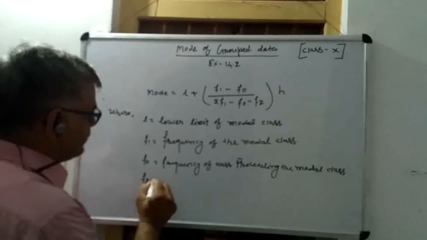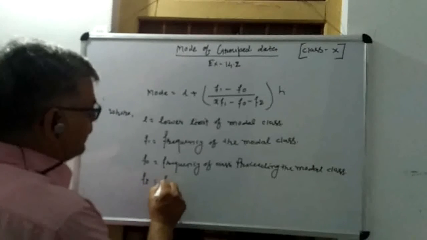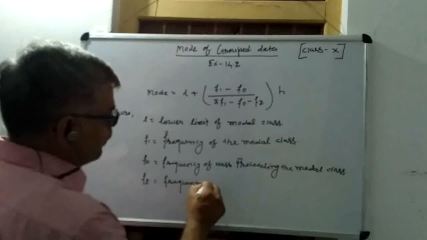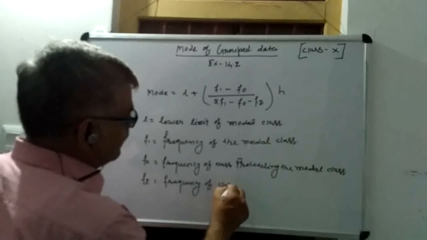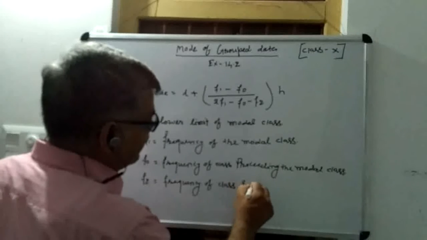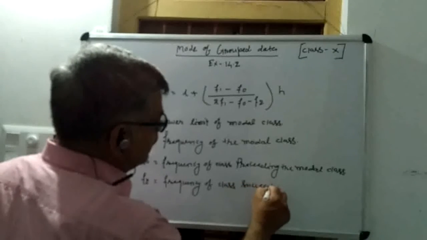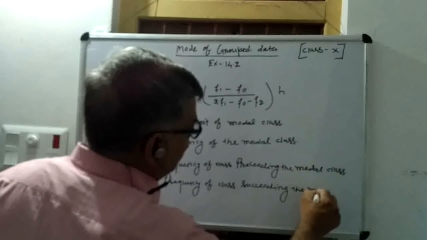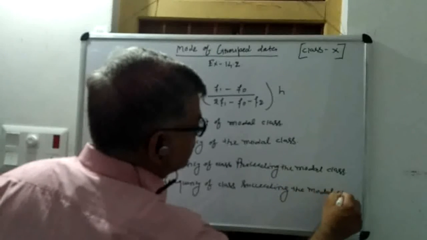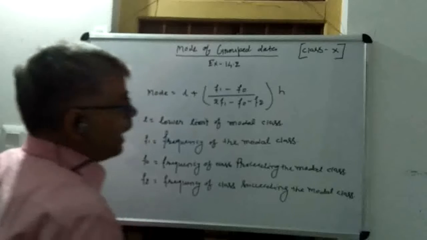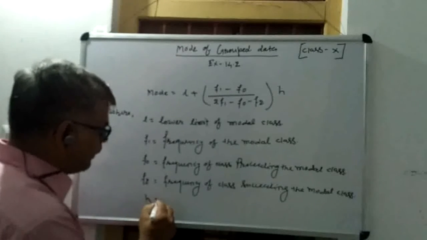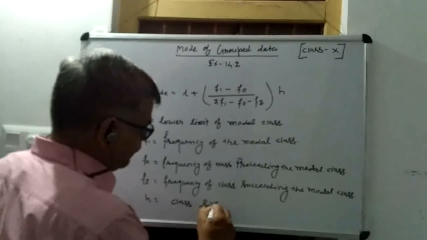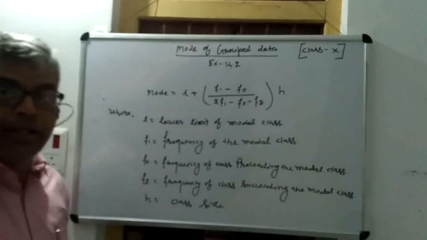F2 is the frequency of the class succeeding the modal class, and H equals the class size.